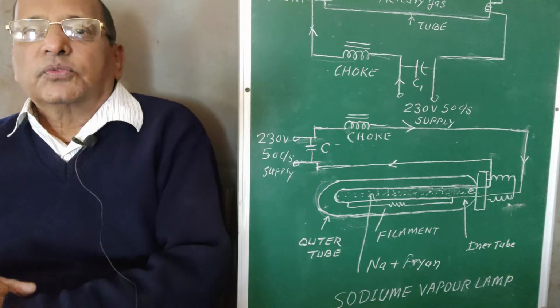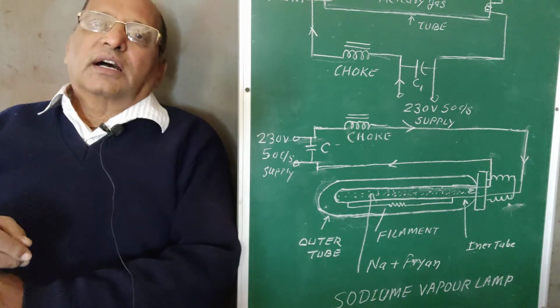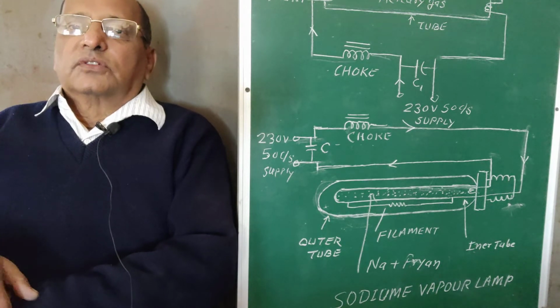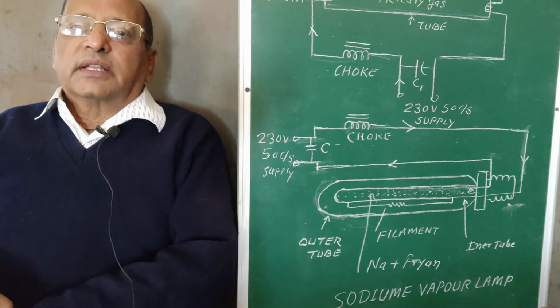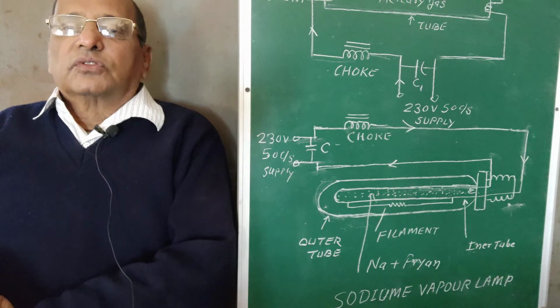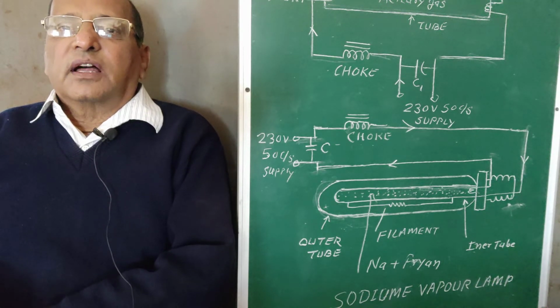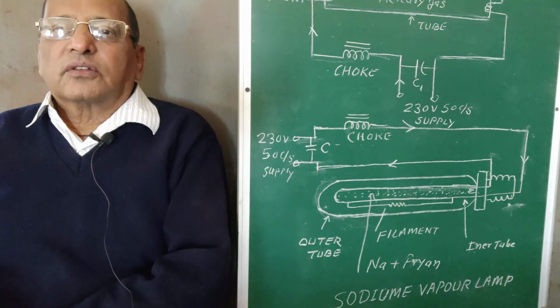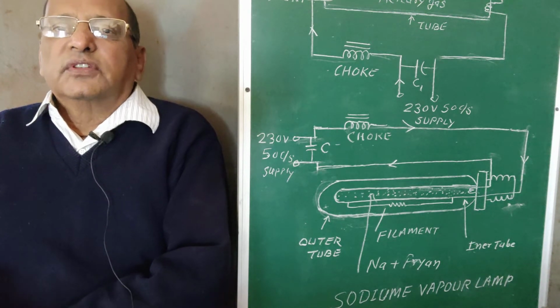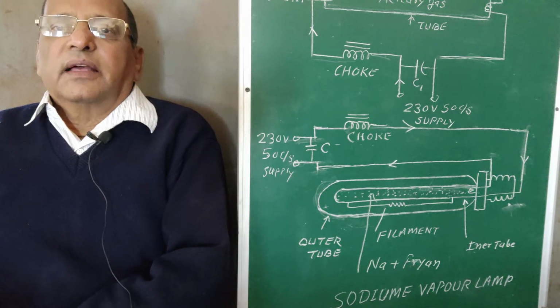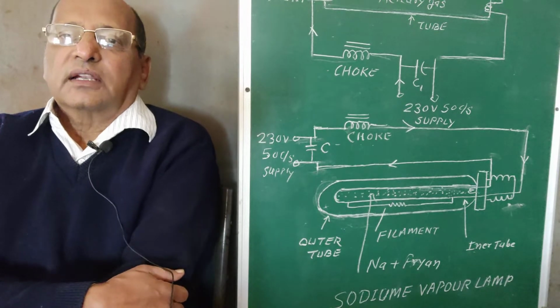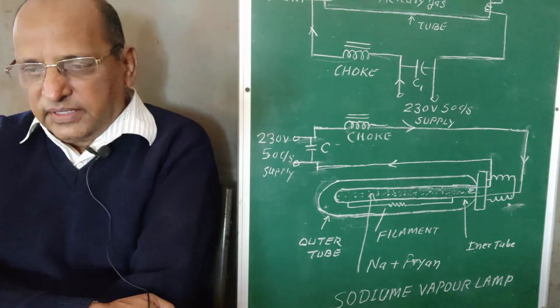There are two tubes, one is the inner tube and one is the outer tube. The inner tube contains the gas, sodium vapor or mercury vapor along with freon gas. This circuit also has a choke and a capacitor across the supply. The choke is in series with the supply and the lamp, and when we start, a similar action takes place.